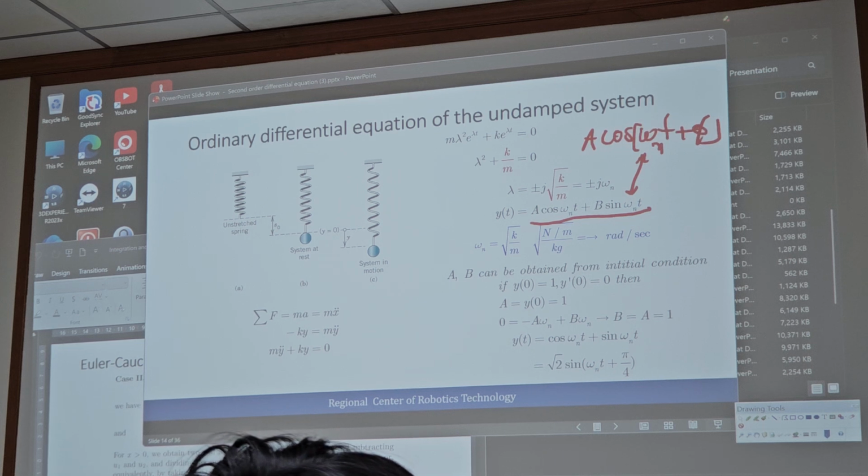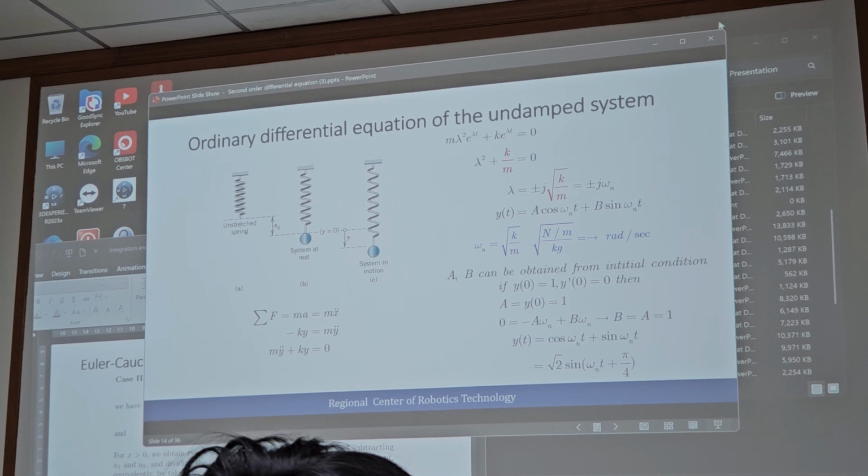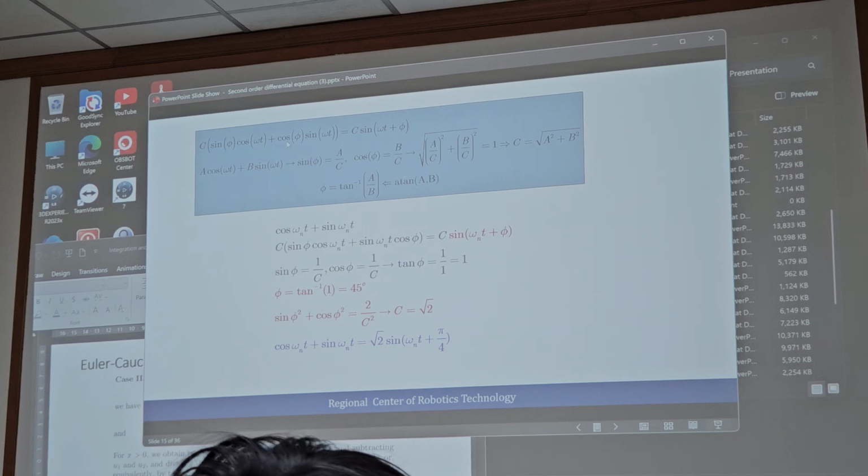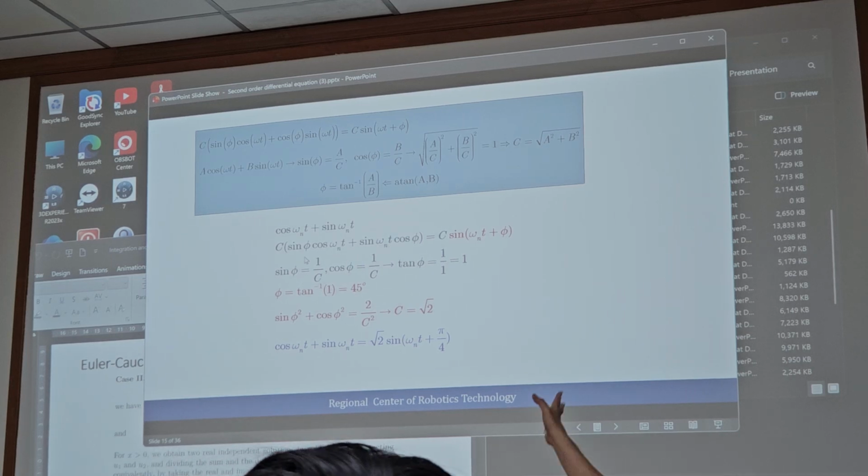How to convert this form? Use the sine cosine law, so you can convert to magnitude and phase.